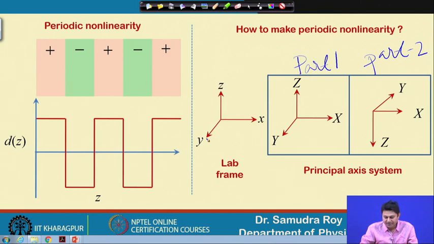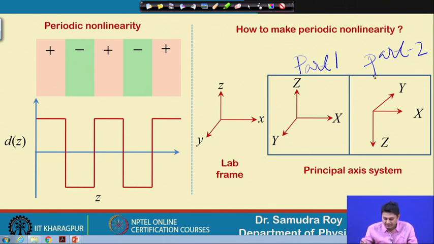So, we have a D matrix here for this particular system or this particular orientation. Now, in part 2, we will make a rotation of, say, theta equal to pi. That means this Z will go down, and since this is a right handed coordinate system, it is a left handed coordinate system.